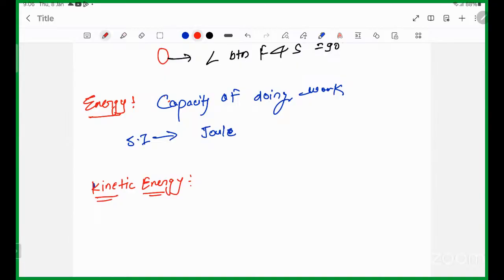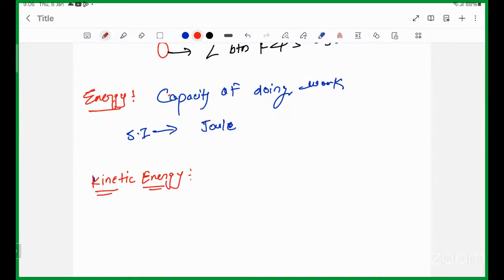Kinetic energy means when we give force to any body and it starts moving, it shows motion. Then we call it kinetic energy. The formula of kinetic energy is 1 by 2 mass into velocity square.